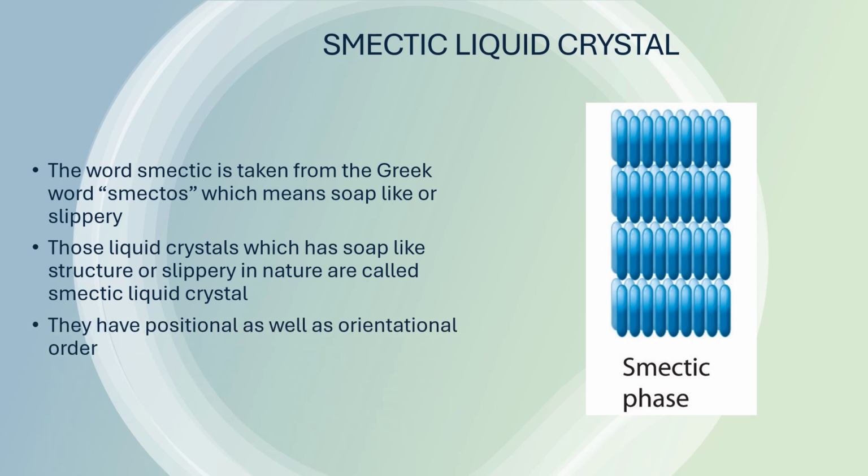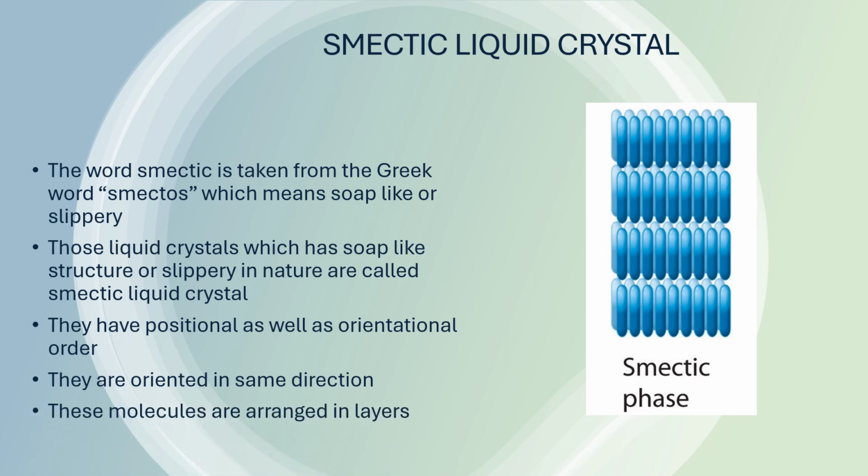They have positional as well as orientational order, which is very clear from the diagram given. They are oriented in the same direction, which means that all particles will be oriented in the same direction. If one particle is oriented to the right, then all other particles will also be oriented to the right.